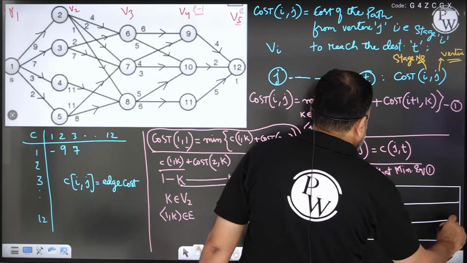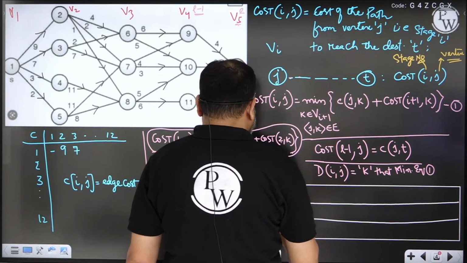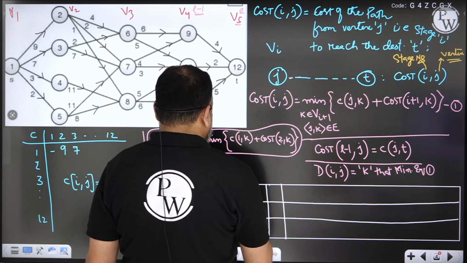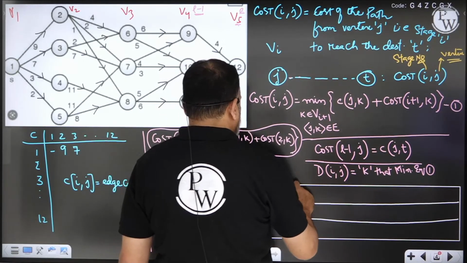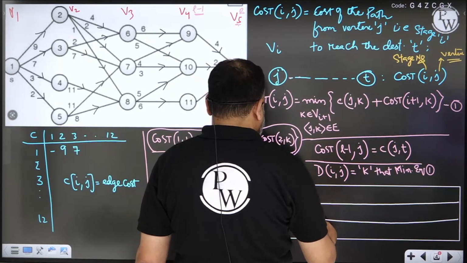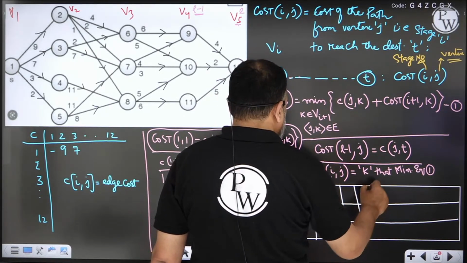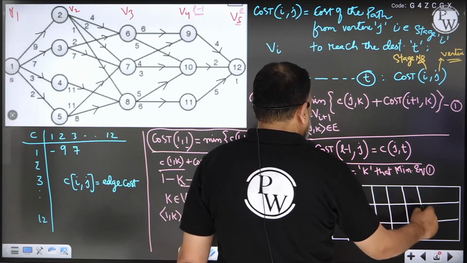We'll have 3 entries here. This is vertices, this is the cost, and this is the d value. This is the tabulation process.